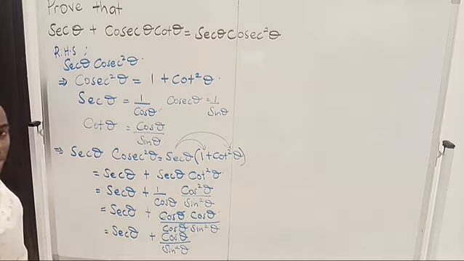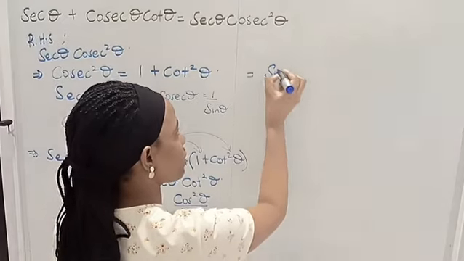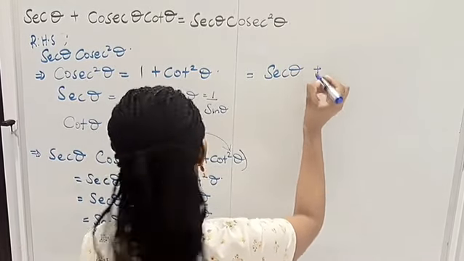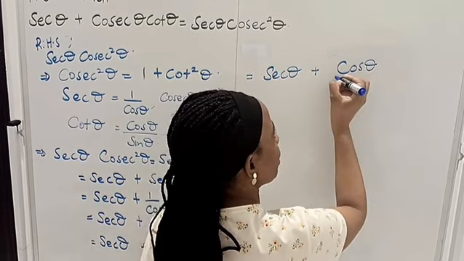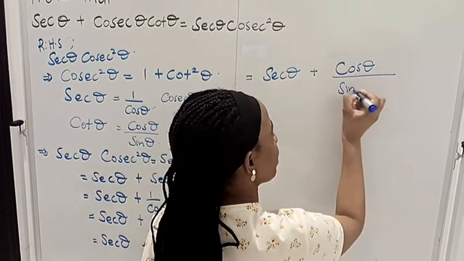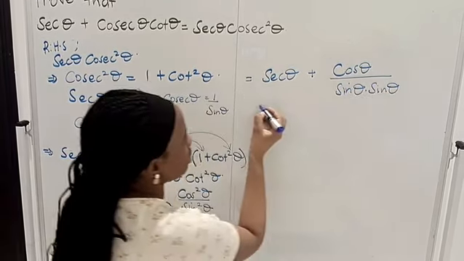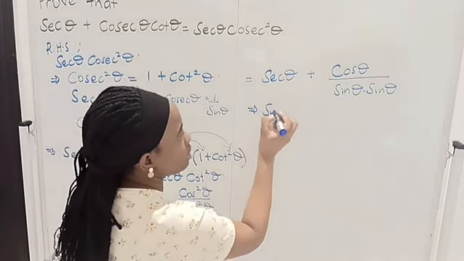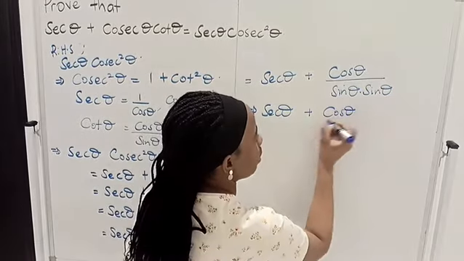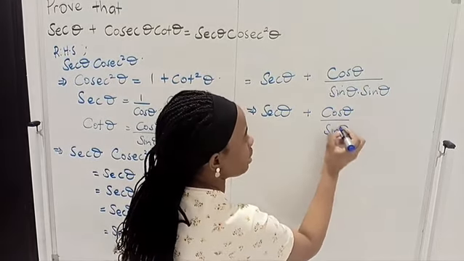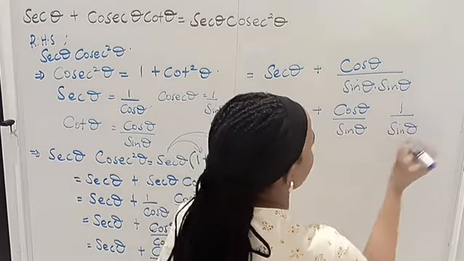Now I'm going to separate this sine again. So this is going to be sec theta plus cos theta out of sine theta times sine theta. So this is the same as writing sec theta plus cos theta out of sine theta multiplied by 1 out of sine theta.